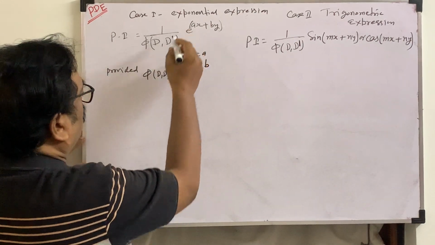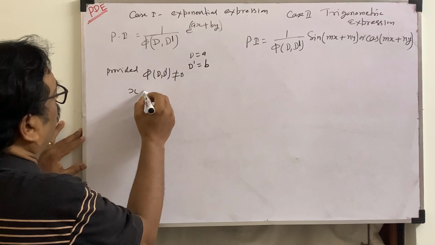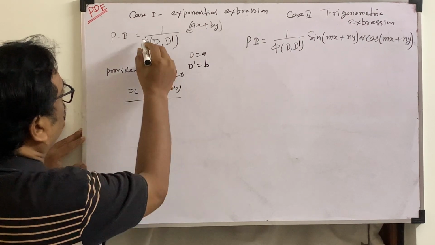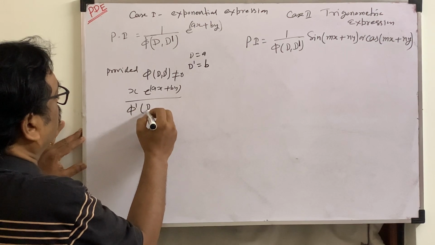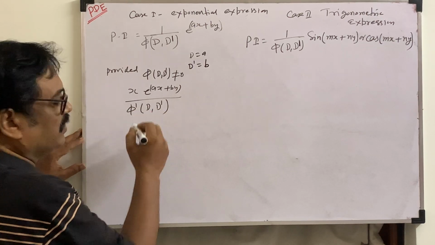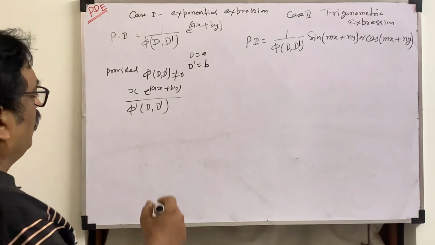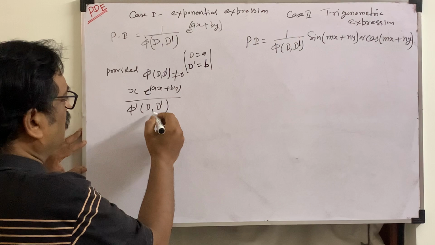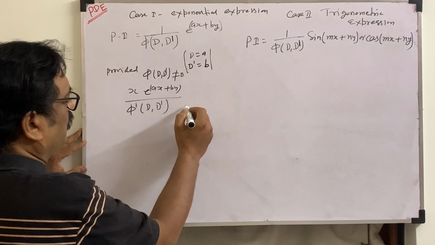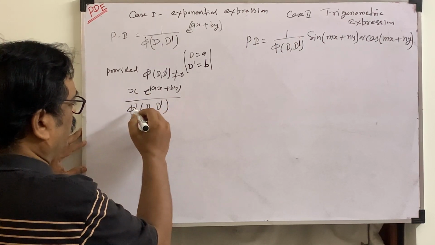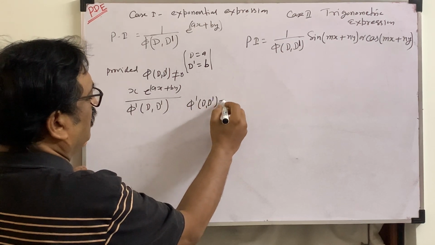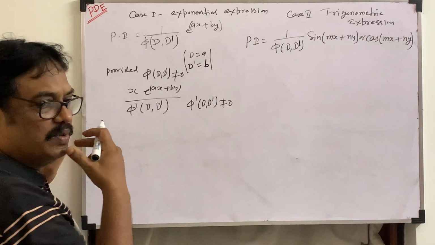If it is 0, as I already told you, multiply by x e to the power ax plus by, then differentiate this term, phi dash (D, D dash), with respect to D only. Then again substitute the same value. If again 0, then put x square. If phi dash (D, D dash) is not equal to 0, then this will be the solution.